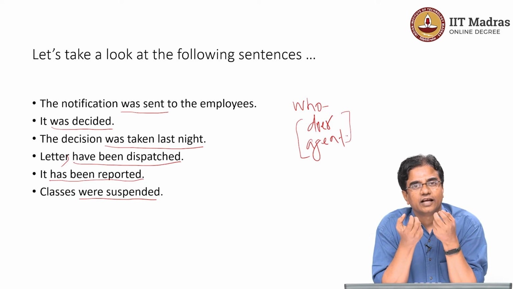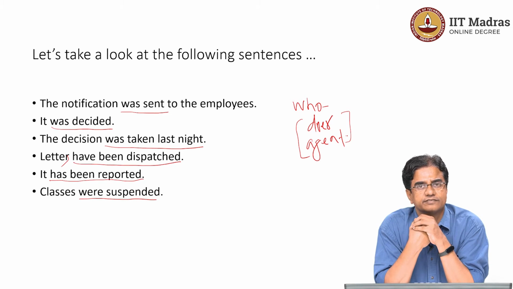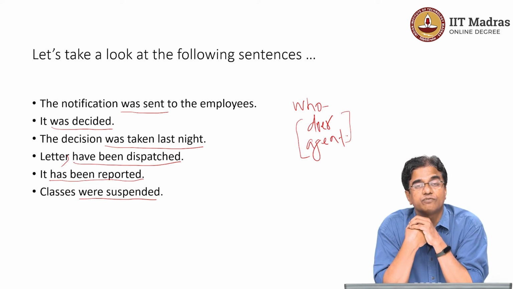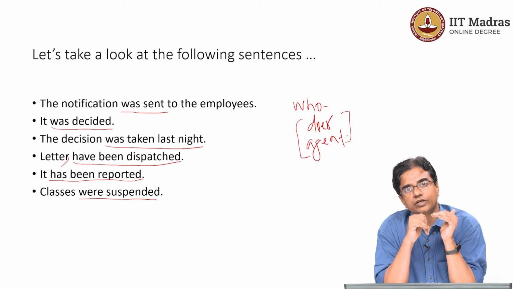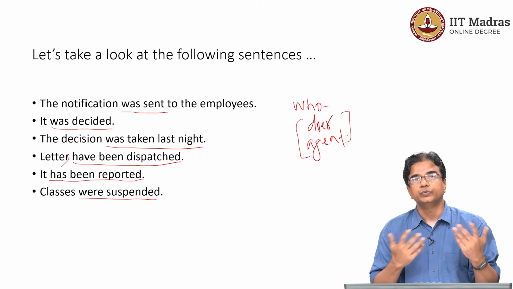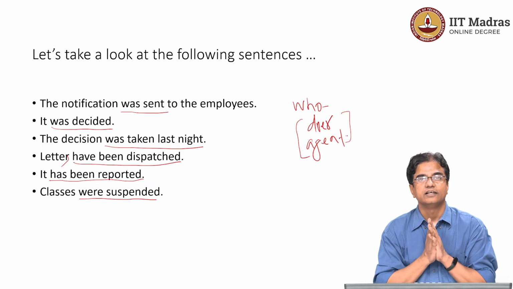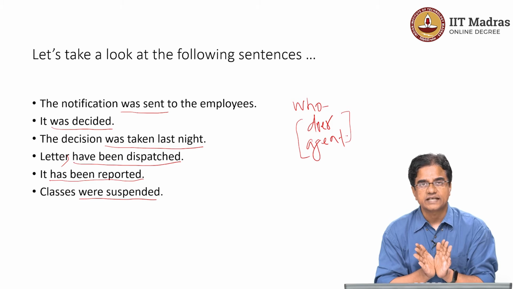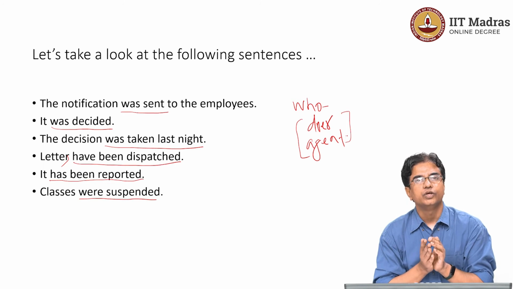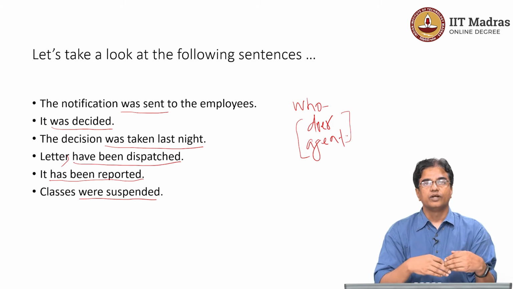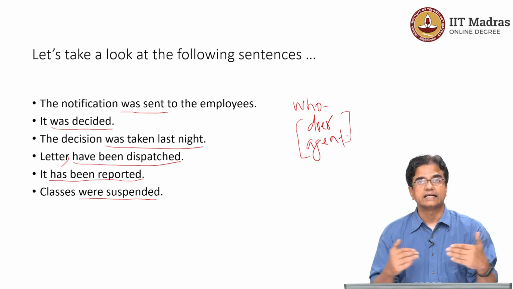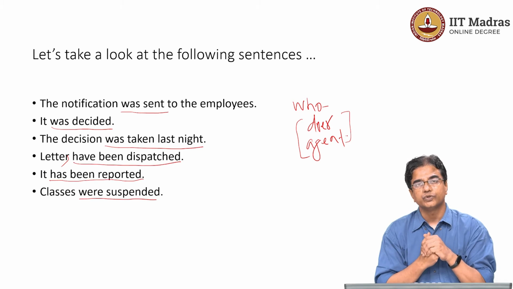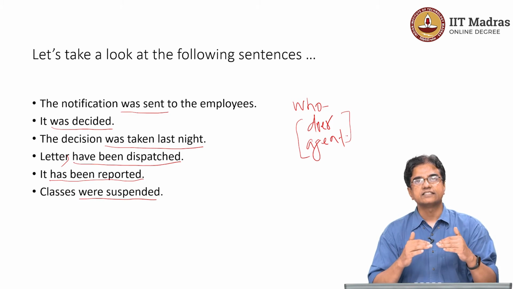This is another aspect of passive, another thing that we achieve through passive sentence. So far I am only talking about what we do with passive sentences. What are the intentions underlying a passive sentence? Why do we use a passive sentence? Now, I want to show you, I'll come back to this part one more time and connect it together. Now, I want to show you how passive sentences are made.